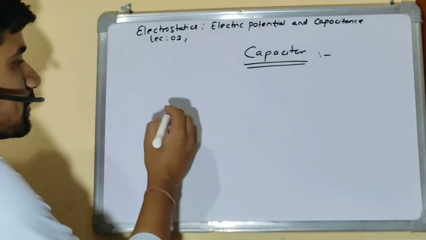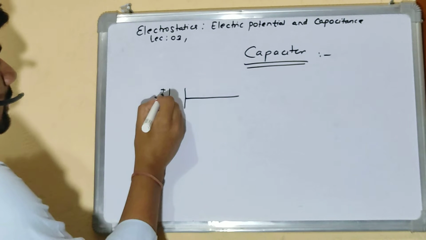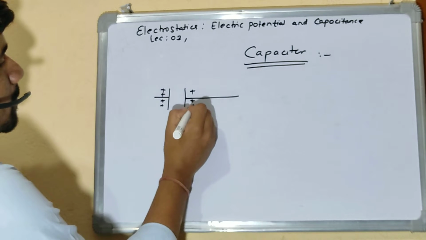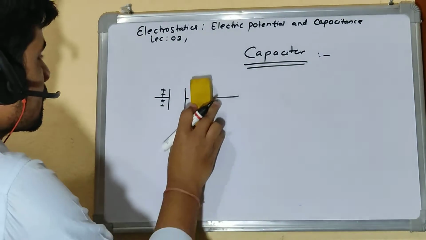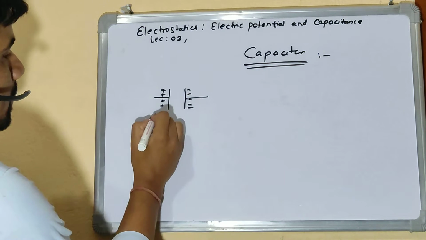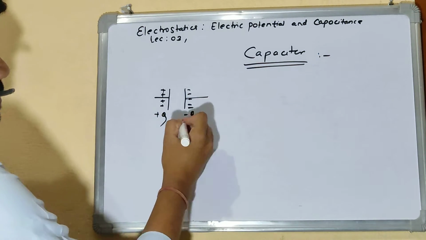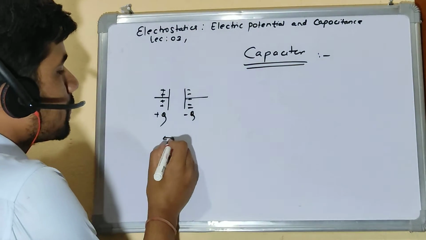Now we discussed that if we have a capacitor having charges, sorry, this will be the negative charge. So this has negative charge and this has positive charge. Let's say plus q is the charge and minus q is the charge on the negative plate, and I am applying potential V to this capacitor.